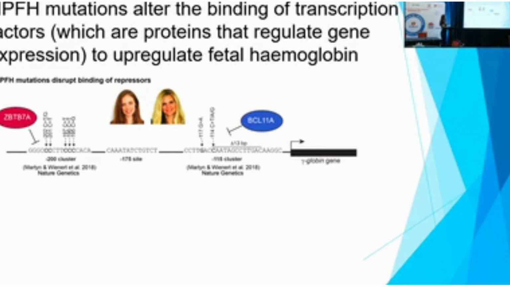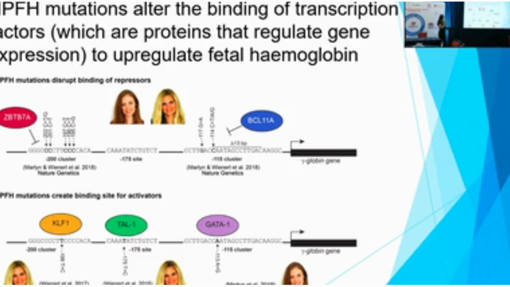What they were able to show is that a number of the mutations change or prevent repressors, so transcription factors that turn off gene expression and that are responsible for fetal haemoglobin normally being off. These mutations stop those transcription factors binding, so they can't turn off fetal haemoglobin anymore, and fetal haemoglobin comes on. We were able to identify the specific transcription factors that are responsible for that process.